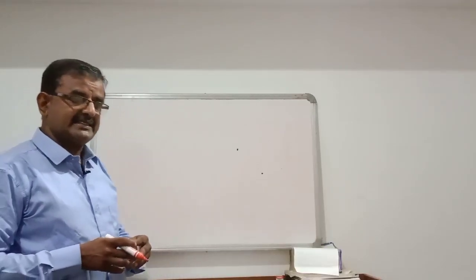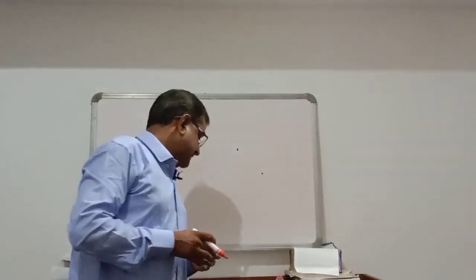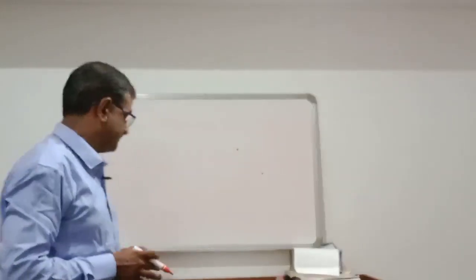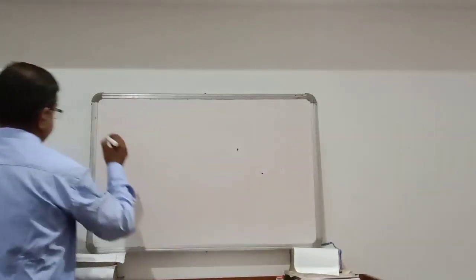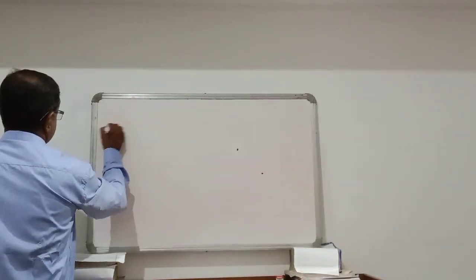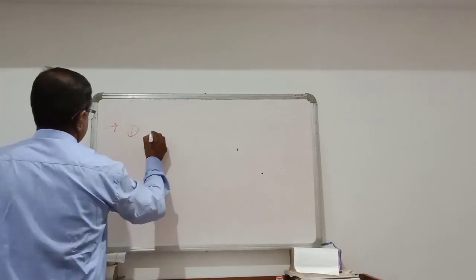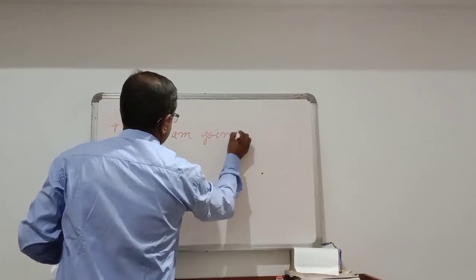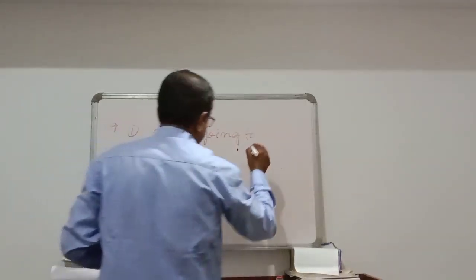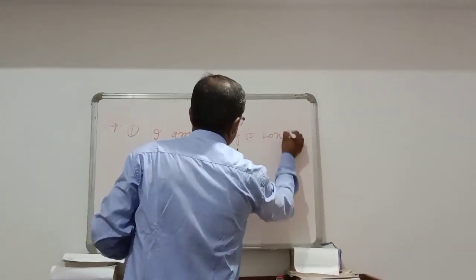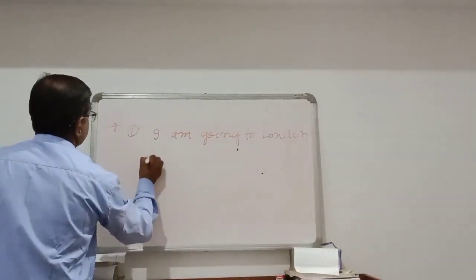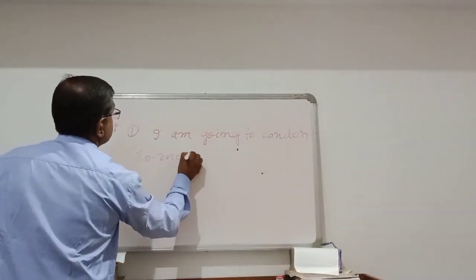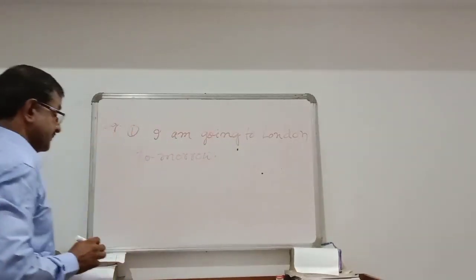So this is called arranged future. You see some example. I am going to London tomorrow.